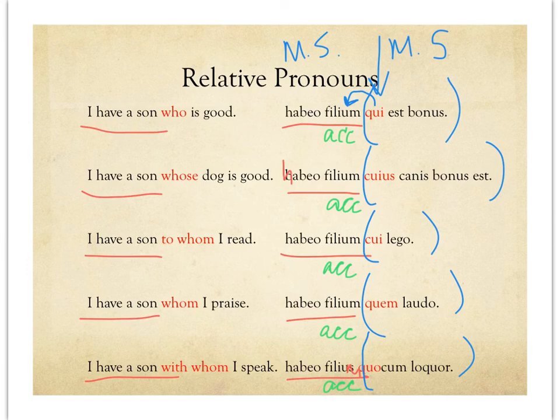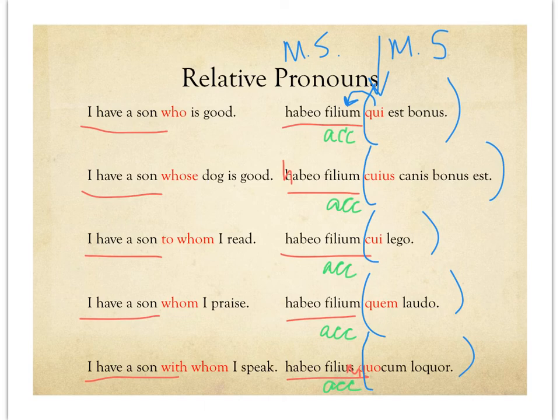But qui, cuius, cui, quem, quo all change because of the job that they're doing in their own clause. So they're all masculine and singular because they refer back to filium, but they are nominative, genitive, dative, accusative, or ablative because of the job they do in their own clause.